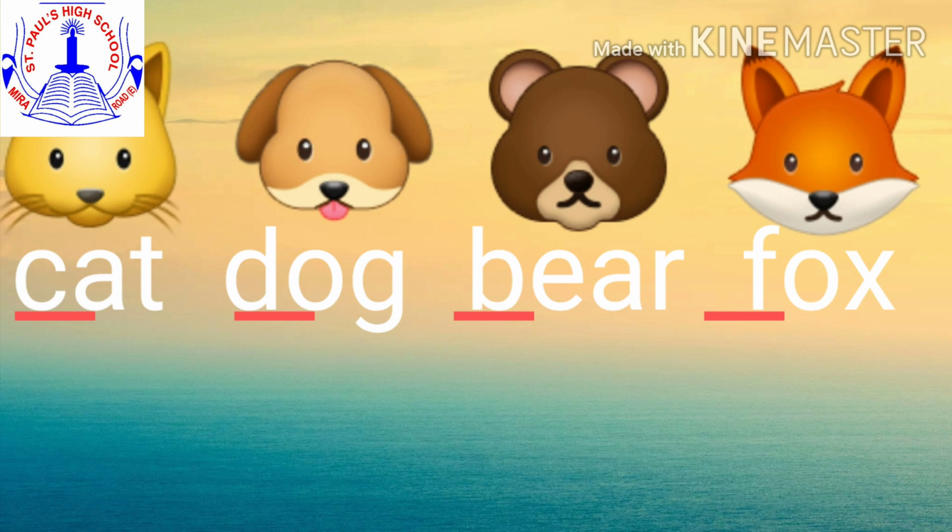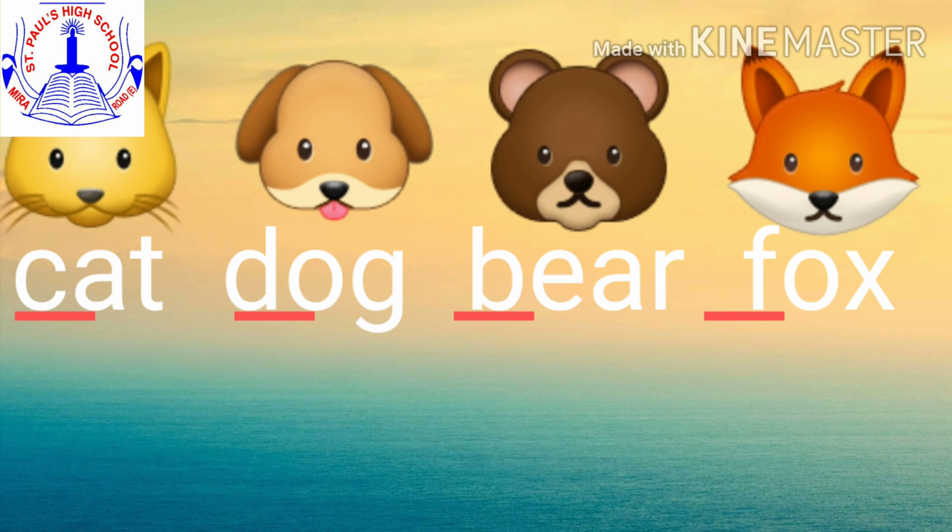Now, which is the first letter of the English alphabet? A. Can you see any word starting with A? No, there is no such word. The next comes B. Can you see any word starting with B? Yes. So we are going to write bear first.